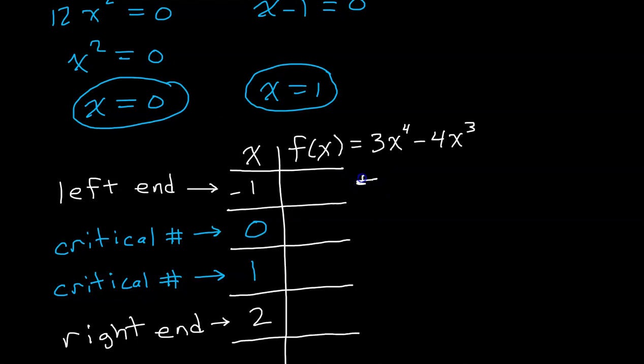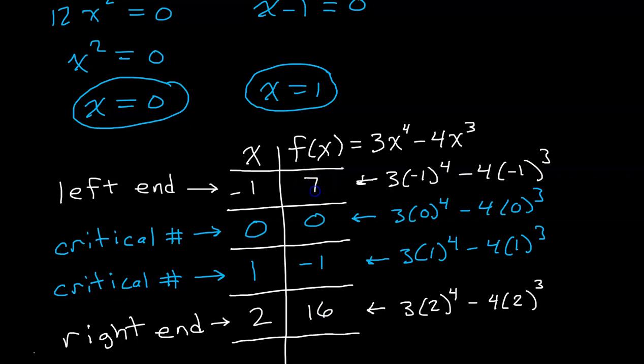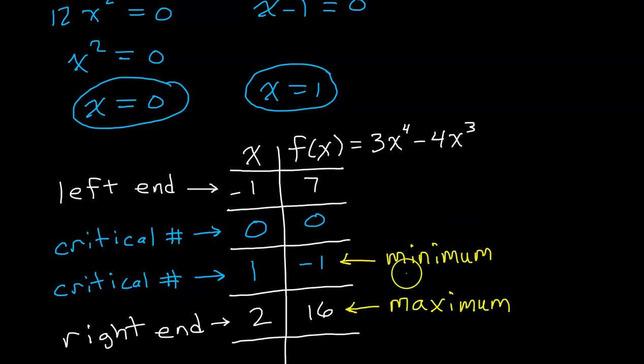So the left endpoint, if we substitute -1 for x, that's going to wind up giving us 7. Similarly, if we evaluate f of x at the two critical numbers and the right endpoint, we get 0, -1, and 16. So that means -1 is the minimum and 16 is the maximum.